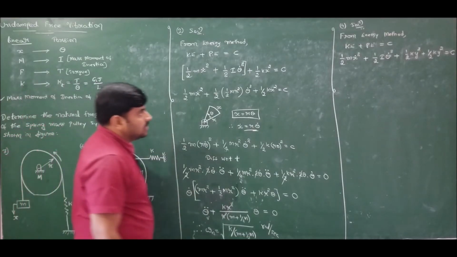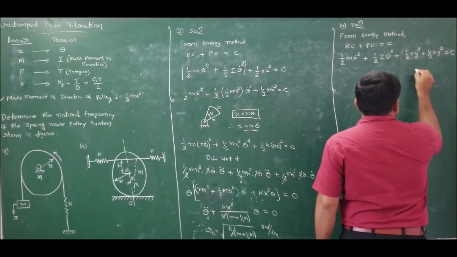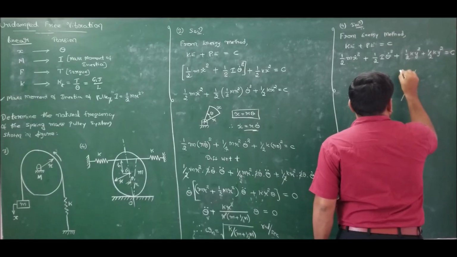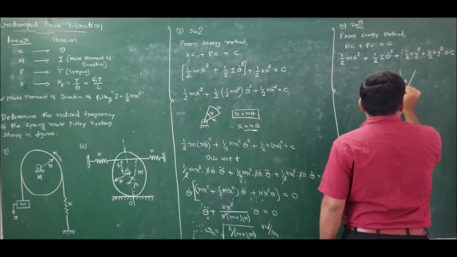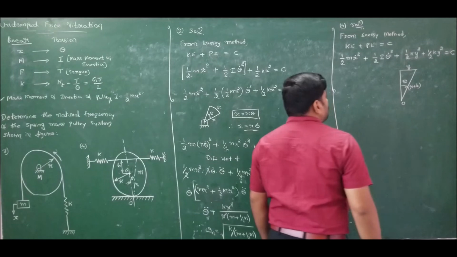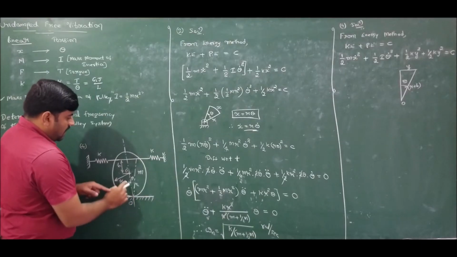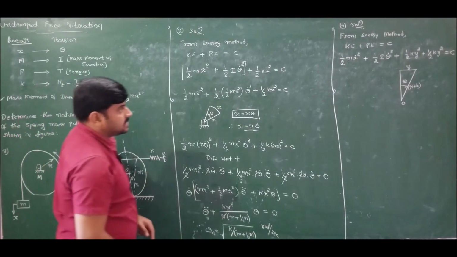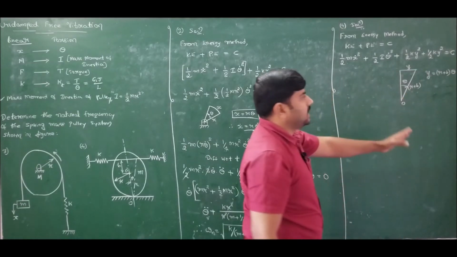From the sketch, this is theta, this is point O, and this length is r plus b, very important. I am taking this as y. From O to this point it is r plus b, hence y will become r plus b into theta, since s is equal to r theta.